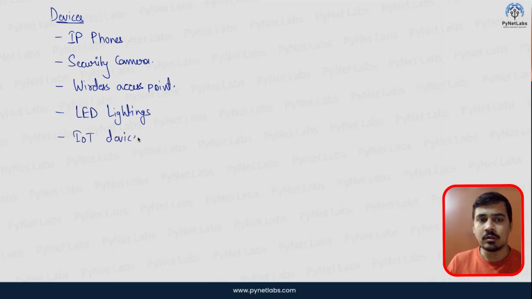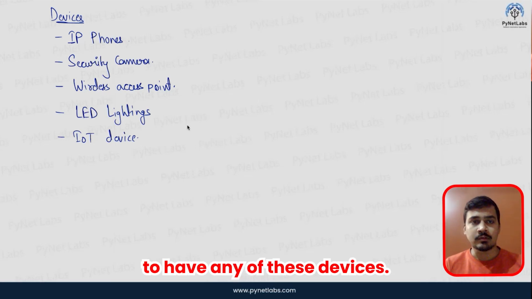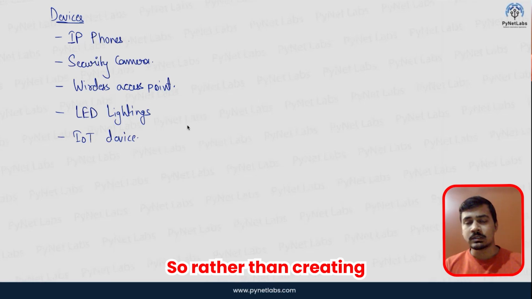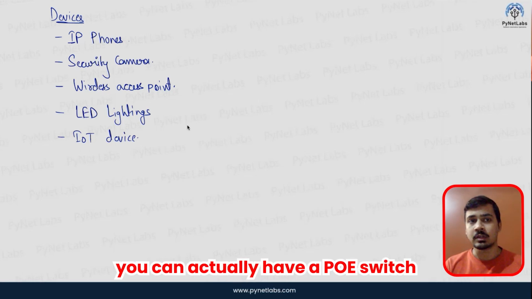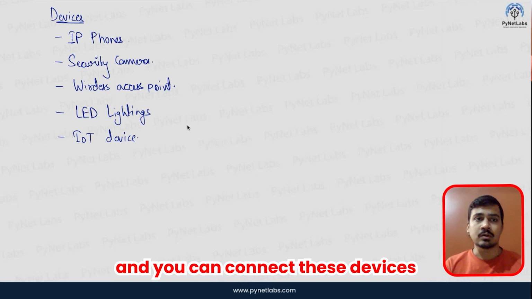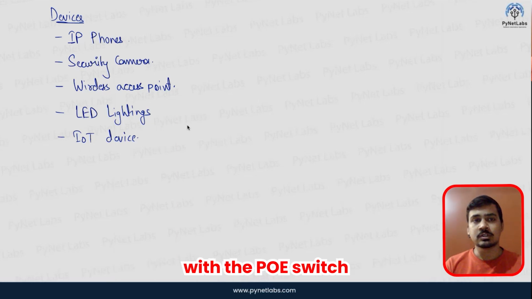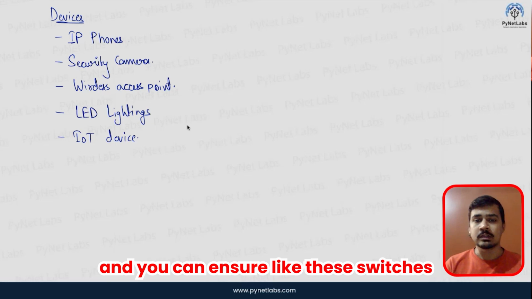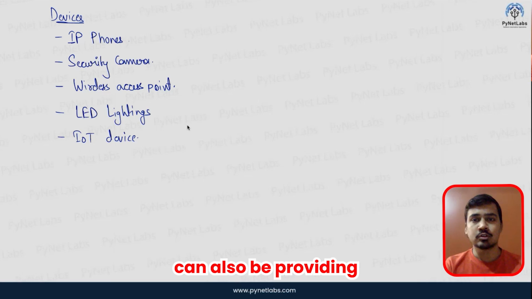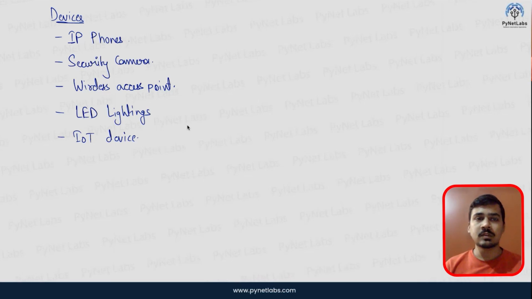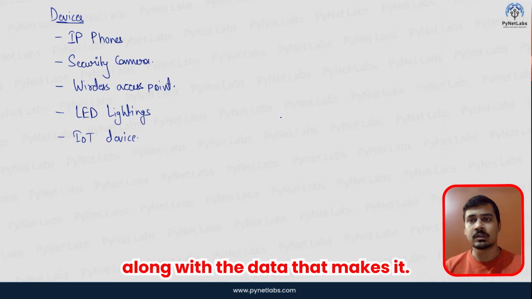They can all be powered by a PoE switch. So if you happen to have any of these devices, rather than connecting them with a separate power link, you can have a PoE switch and connect these devices to it, and your PoE switch can also be providing electricity along with the data communication.